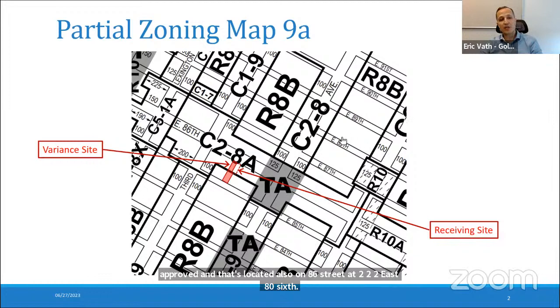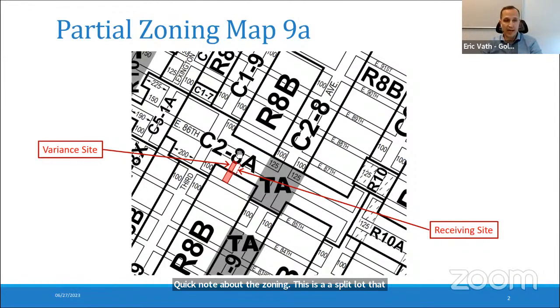Quick note about the zoning. This is a split lot. That means that it's divided between 2 zoning districts, a C2-8A and an R8B. And because of that, the development rights that are available for transfer are limited. You can't transfer development rights across the district boundary line.